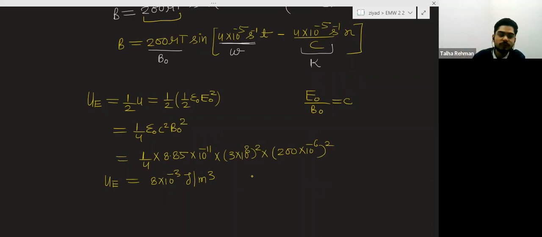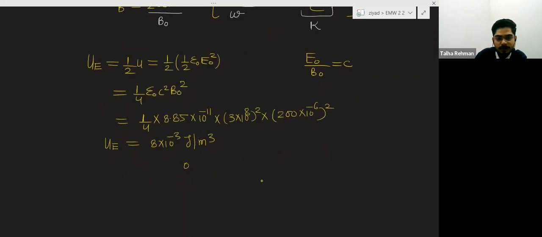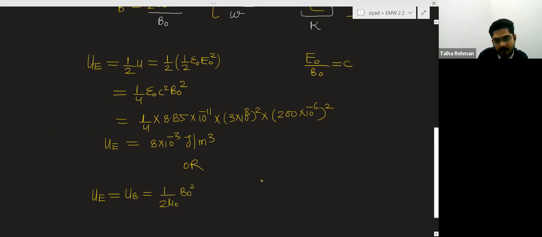There is another way also to solve this question. The energy associated with the electric field is equal to the energy associated with the magnetic field. This is equal to 1 upon 2 mu naught into B naught square. So 1 upon 2, what is the value of mu naught?